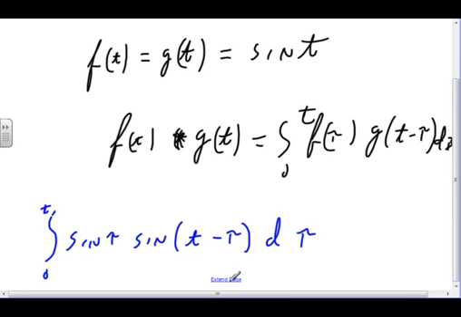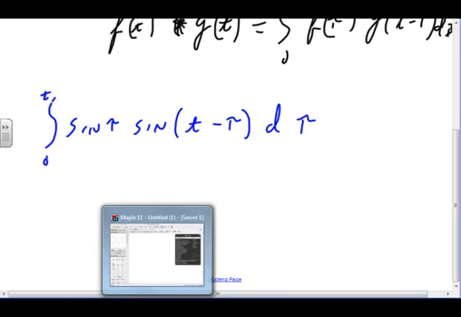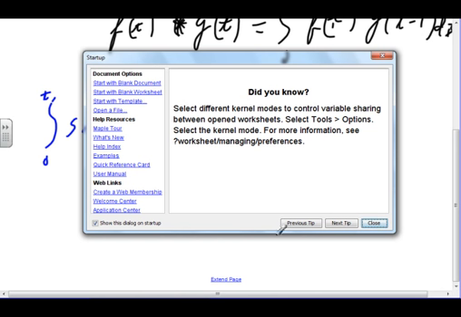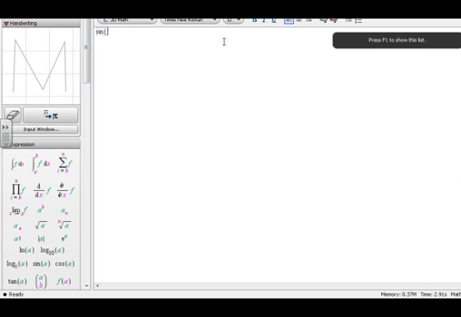All right, so the first thing we have to do is remember what the sine of two angles subtracted from each other is. And assuming that no one has a trig book in the room, we'll have to go to Maple and ask, what is the sine of x minus y?